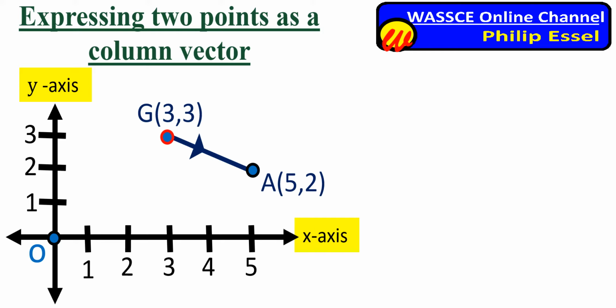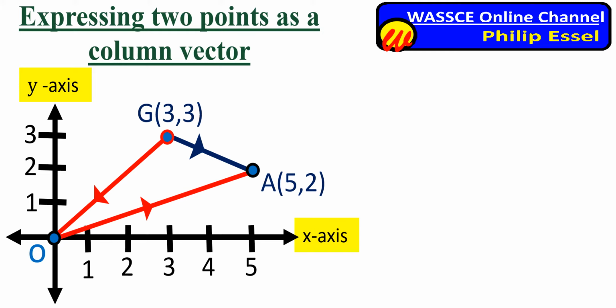If you are going to town A from town G, you can first go back to the origin from town G. And please watch the direction of the arrow. We are moving from town G, going back to the origin. Then from the origin, we can go to town A.